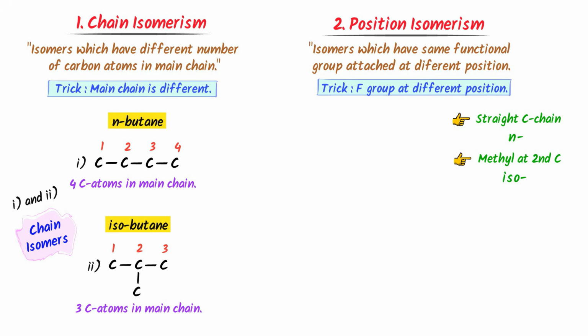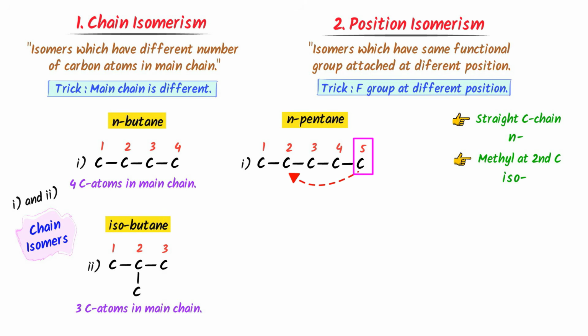Now consider pentane. I only consider the straight chain of pentane. We call this n-pentane. Secondly, I cut this carbon and attach it to this second carbon. I get this structure. Here 1, 2, 3, 4. The methyl is present at the second carbon.